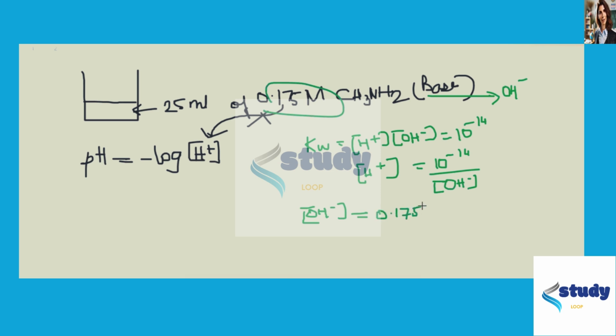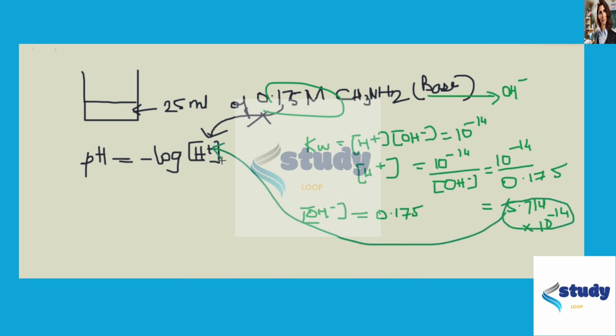Divide this, and your concentration of H+ ions is 5.714 times 10 to the power minus 14. So go ahead and take this value and plug it in here, and you'll get a pH of 13.24.